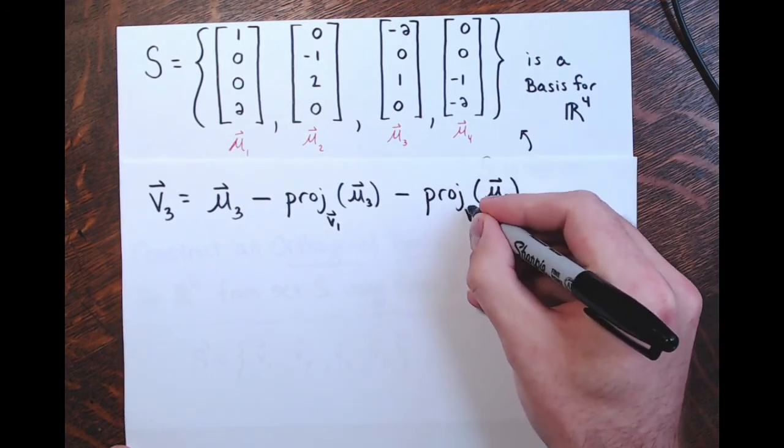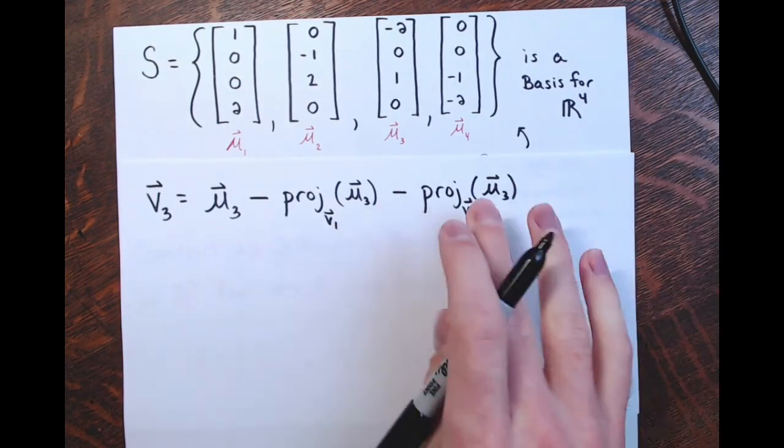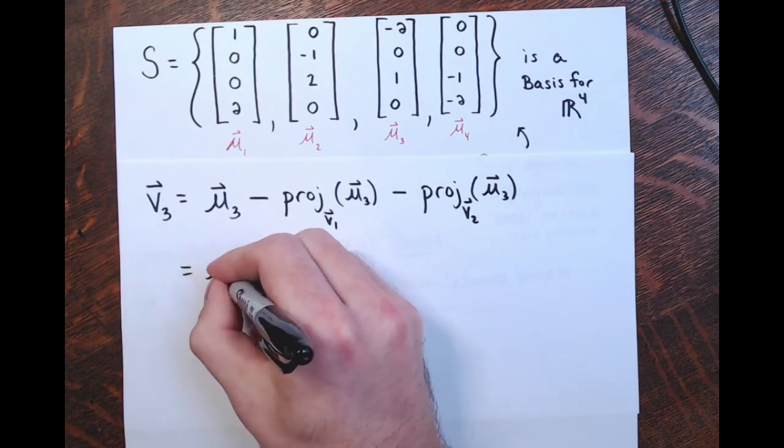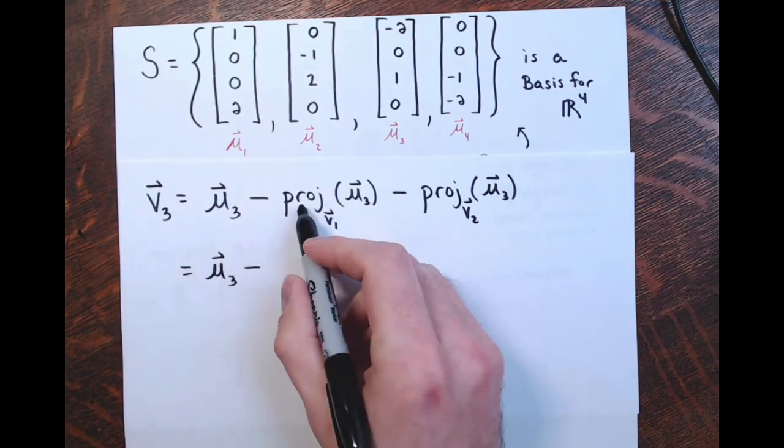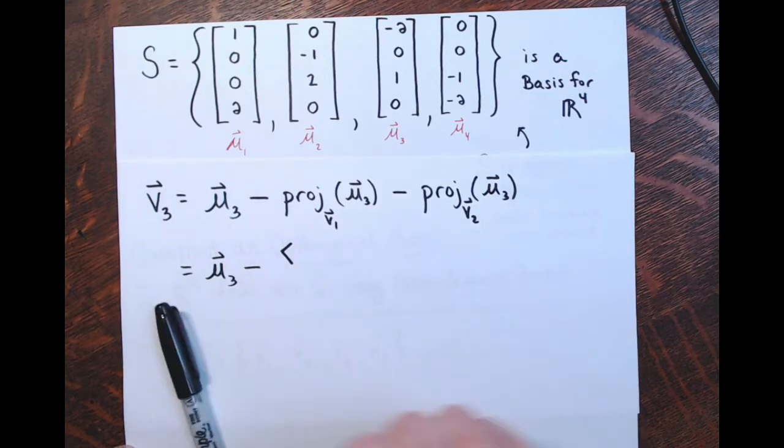And again, the formulas for these: this would be U3 minus the projection of U3 onto V1.